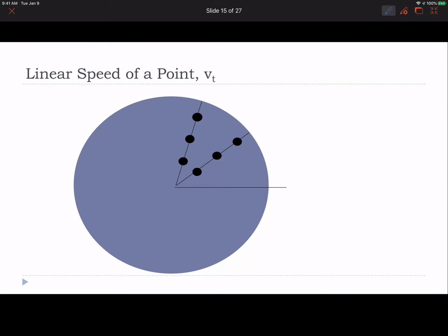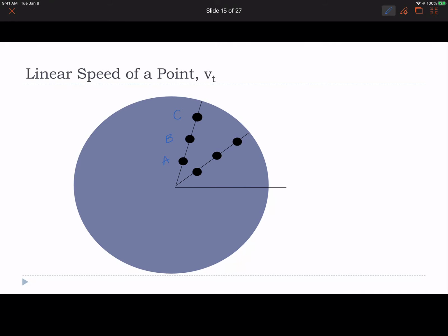We also might be interested in what is the linear speed of a point on this disk? That was part of the questions that we started with. Do each one of these points, A, B, and C, travel with exactly the same speed if we're just measuring speed as distance over time?